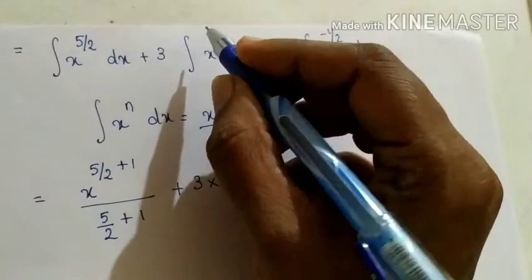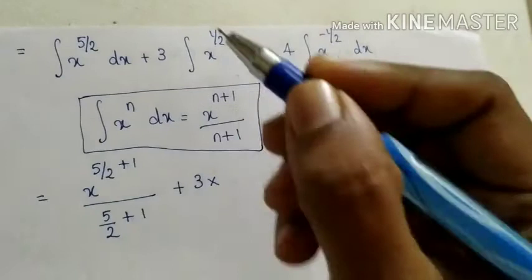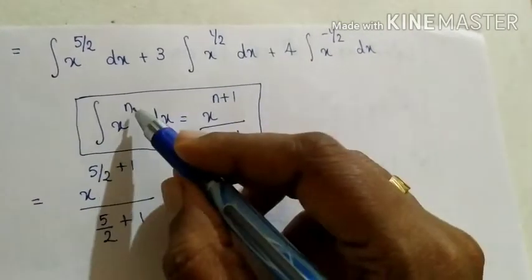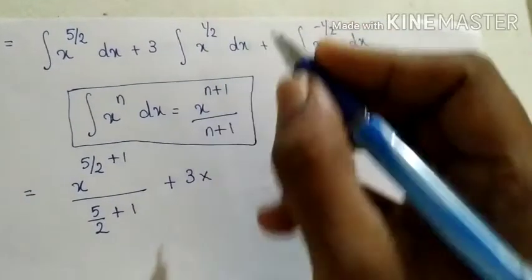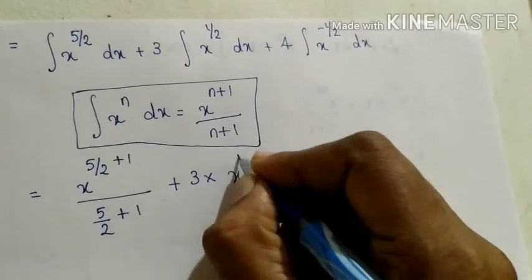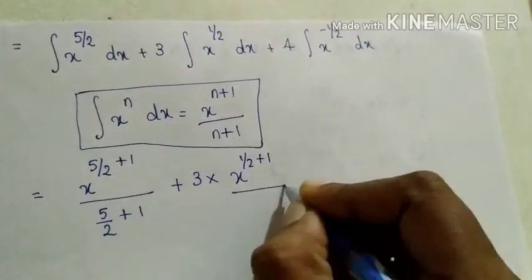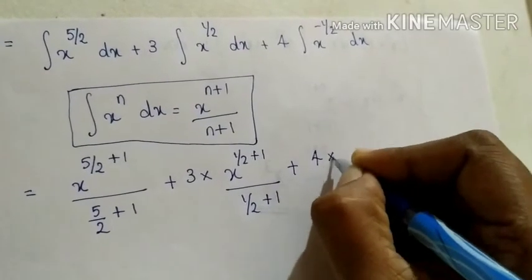Here also I'm going to use the same formula, replacing n by 1 by 2. Here we get integral x raised to 1 by 2 dx as x raised to 1 by 2 plus 1 divided by 1 by 2 plus 1, plus 4 into, since 4 is a constant, right?